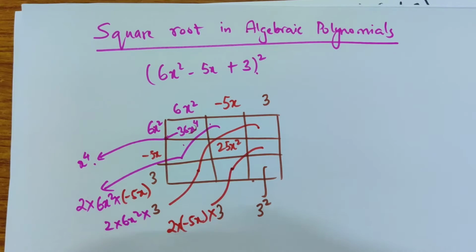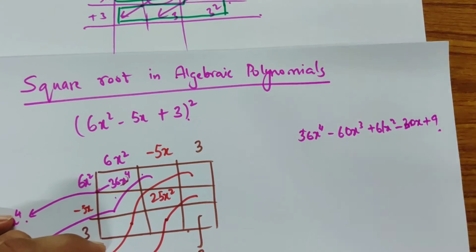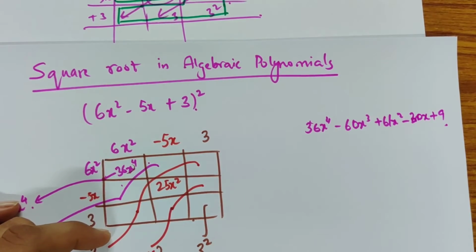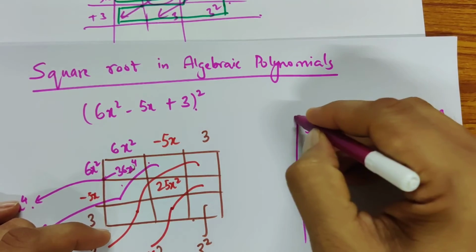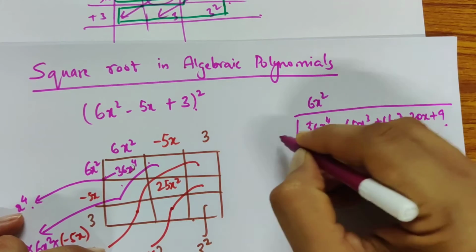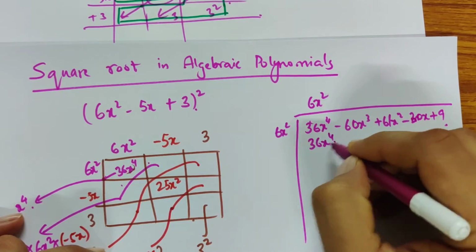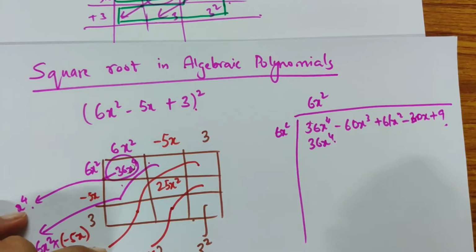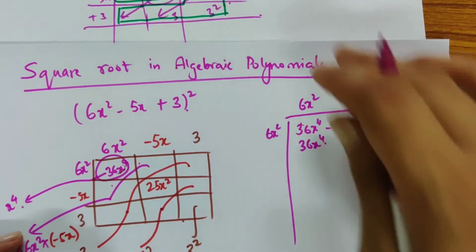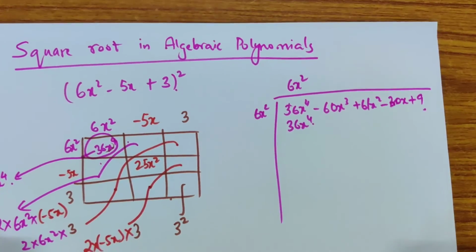So when you are doing the square root and you do the first term, you have this big expression, right? The first thing you come up with is the 6x squared. That gives you the 36x power 4, which corresponds to this. Unlike with the numbers, there is not much mix up here because x power 4 is different from x cube.